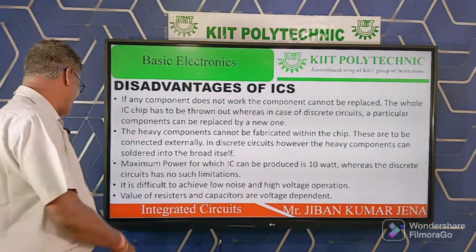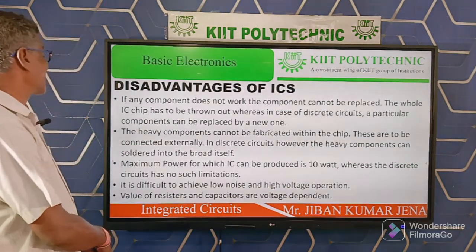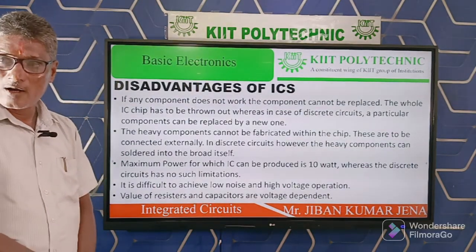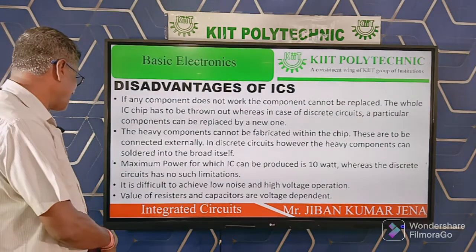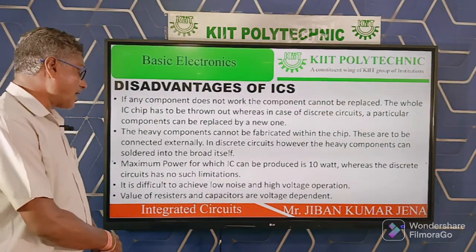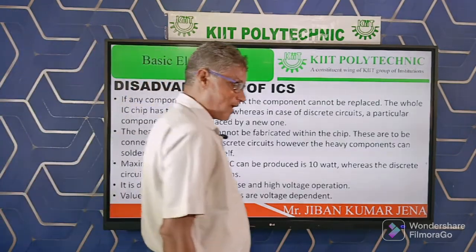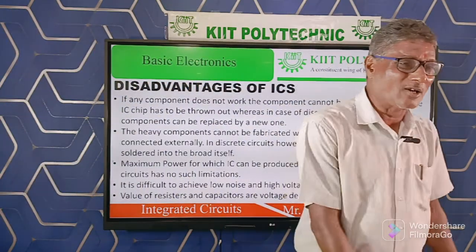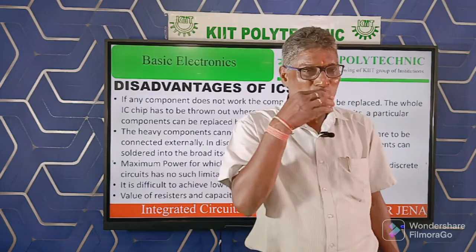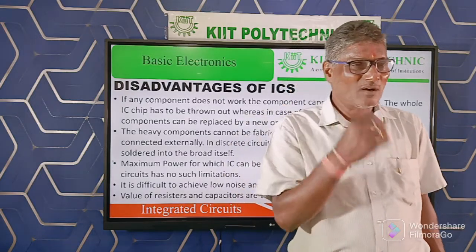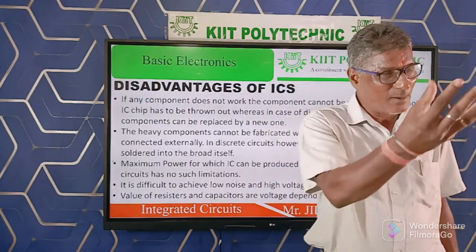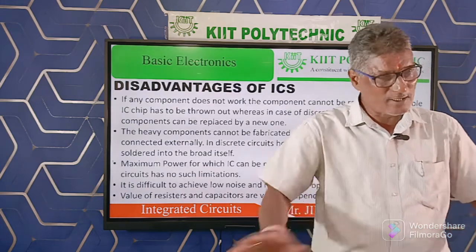And the last disadvantage or demerit point of IC is that the value of a resistor and a capacitor are voltage dependent. As you have known, there are various passive components, very vital ones, your resistor and capacitor.